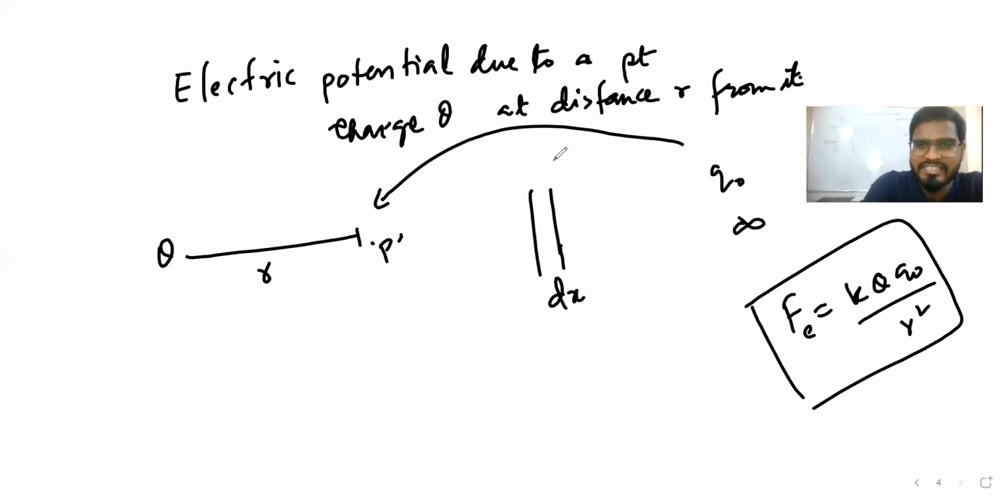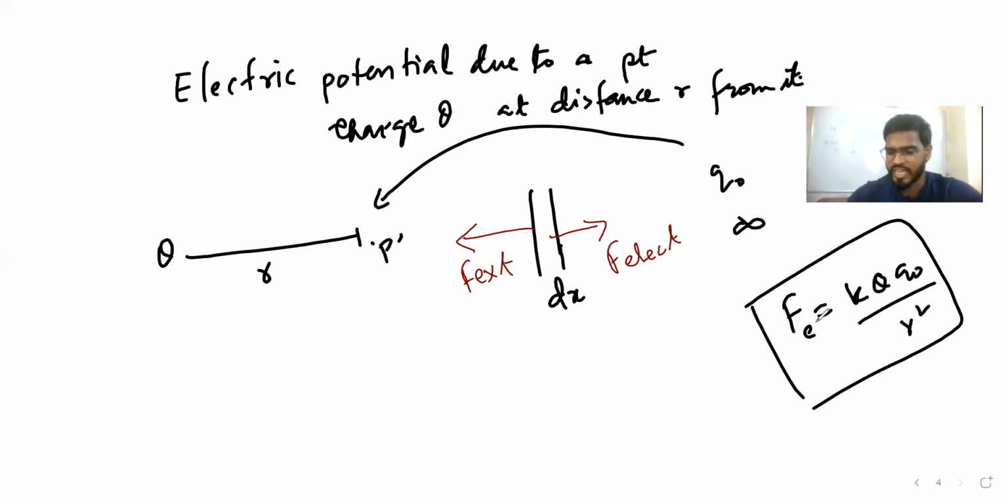Now in this direction, in the opposite direction, there is going to be an external force, and in this direction there will be an electric force, the electrostatic force. Let's find external work done. Work done by external agent is equal to F dot dx. Which force is acting, opposing the external force? Electric force.